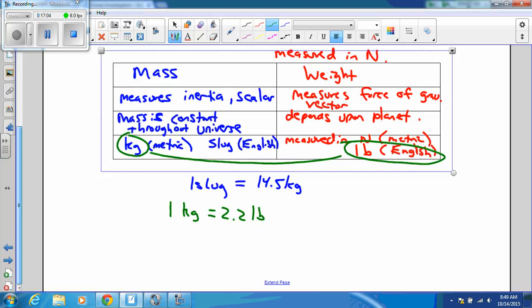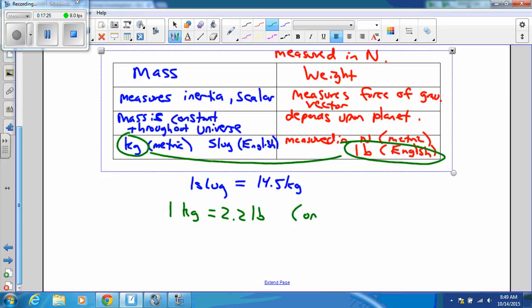Yes, we are so used to living on the earth that it is a true statement that the weight of 1 kilogram is 2.2 pounds. And so we use that as a conversion factor. It's not a literally true statement, but you remember how conversion factors work, right? You have two things that are equivalent under some circumstance.